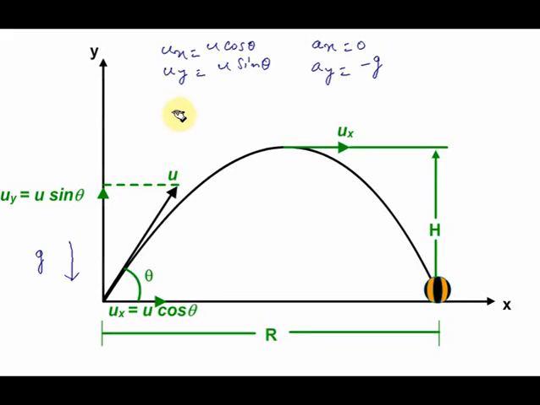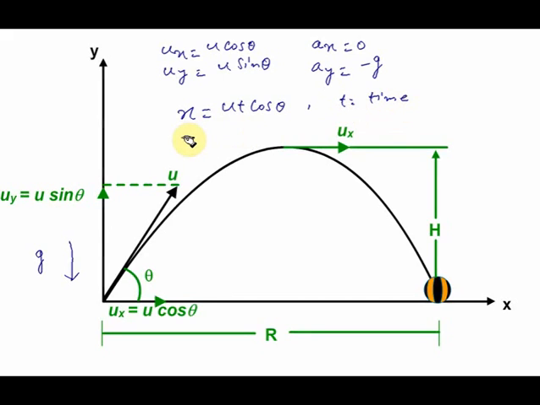So in time t, the projectile will travel a distance x along the horizontal direction, which will be given by x = ut cos theta, where t is equal to time.